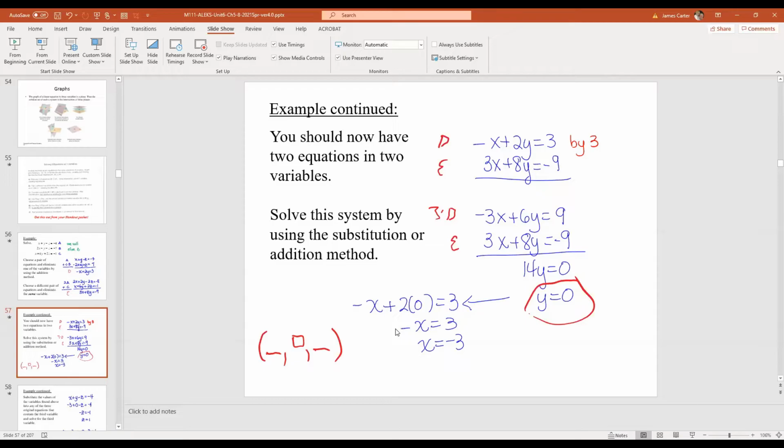We're going to take equation D, and substitute the y into this equation D that we made, or equation 4 according to my notes. Well, the 0 wipes out the 2, so negative x equals 3, x equals negative 3. So that becomes our second value.